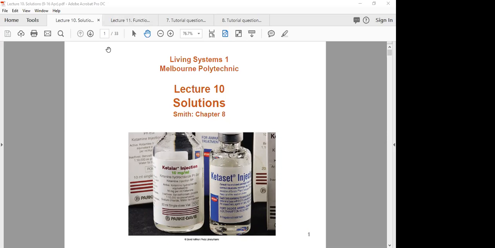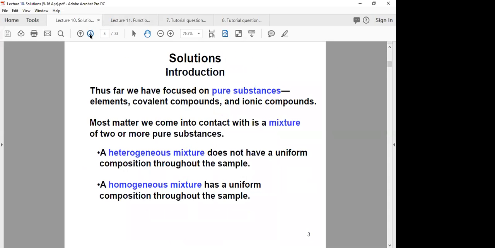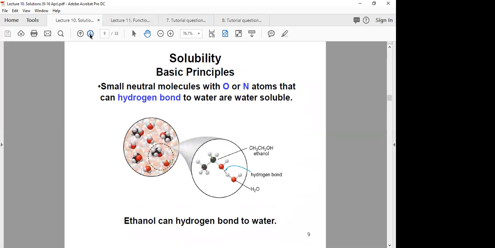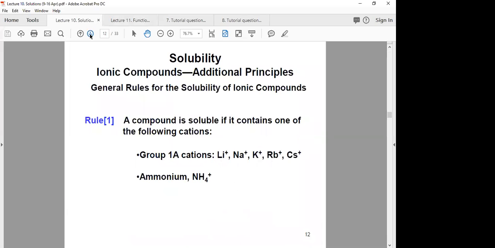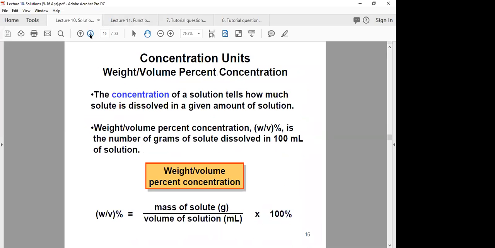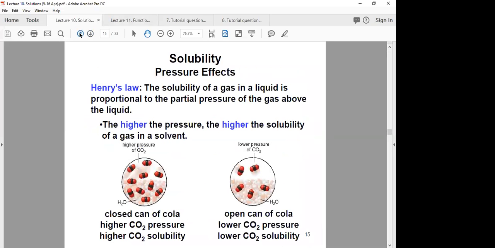And tonight we're going to finish last week's lecture, Lecture 10, Solutions. So let us proceed to where we left off. And by the way, this is the last of our chemistry lectures. And then tonight we'll start on our biology component.